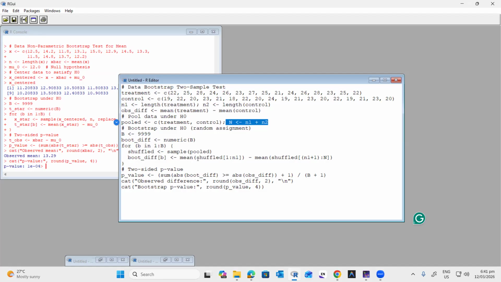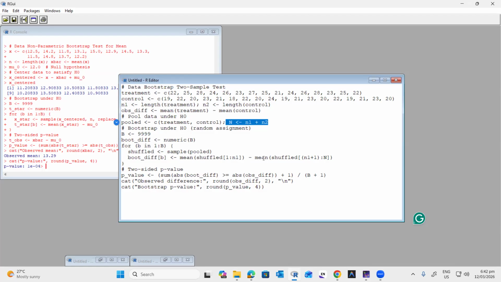In that one, we have the mean of shuffled: the first n1 elements of the shuffled vector are treated as the treatment group, and the remaining n2 elements are treated as the control group, and the difference in the mean is computed for this.